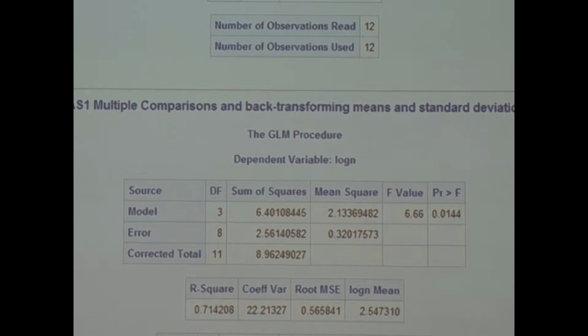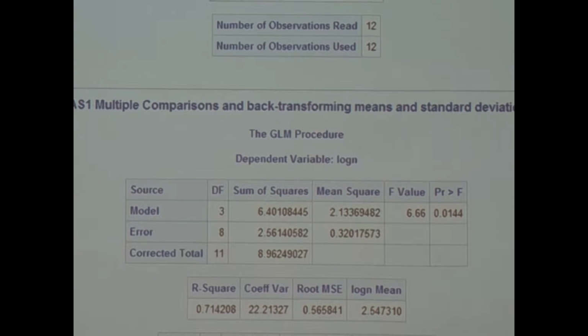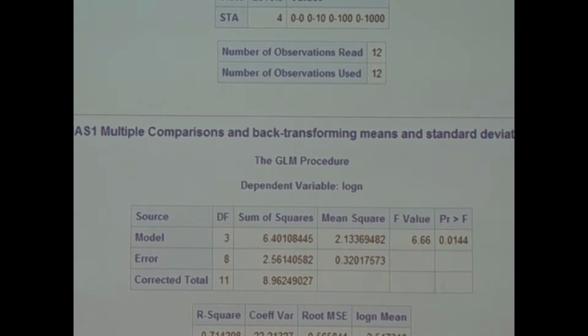one of the things that's really important is the order. It doesn't tell you this, but it's going to use the exact same order it uses up in class level information. So you see how it orders station 0-0, 0-10, 0-100, 0-1000?